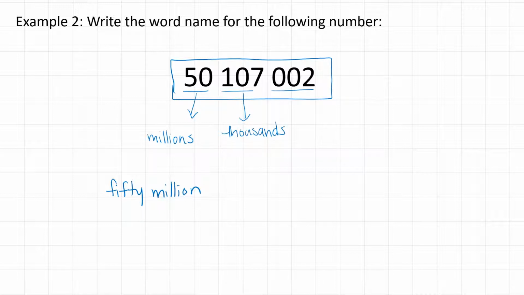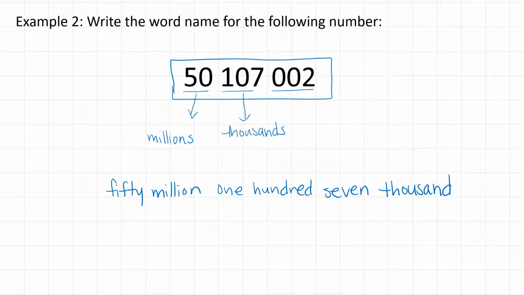Now, is that 107 million, 107,000, or just 107? Well, because it's in the second group, it's going to be 107,000. So the next part of my word is 107,000.